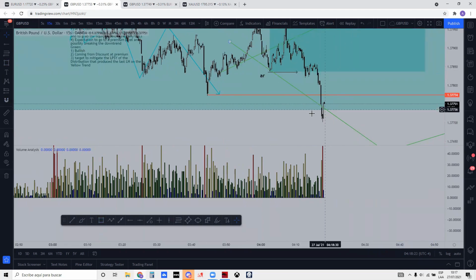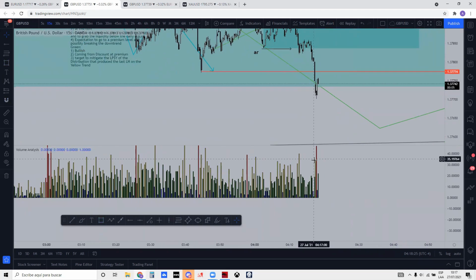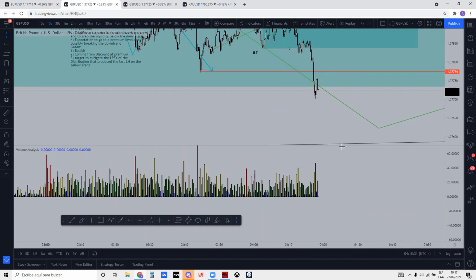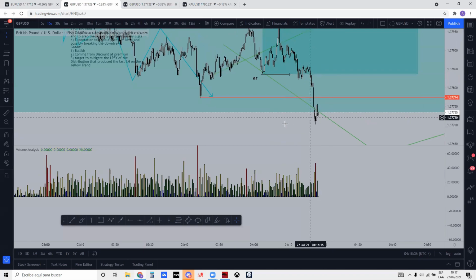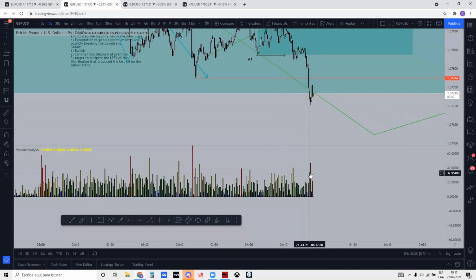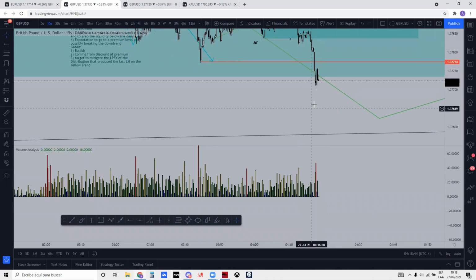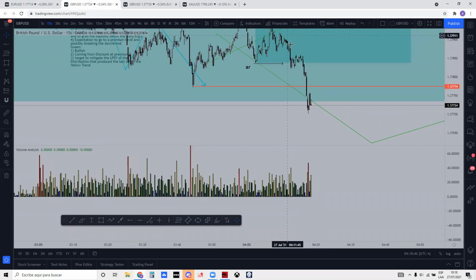So we have to pay attention to a very important sign here. You see how high the volume is here, and price is not going anywhere. If we are in a downtrend, the volume is increasing because price is going lower, and we have high volume at the bottom. Such high volume and price not making progress to the downside makes me think that all of this selling pressure is getting absorbed by smart money.